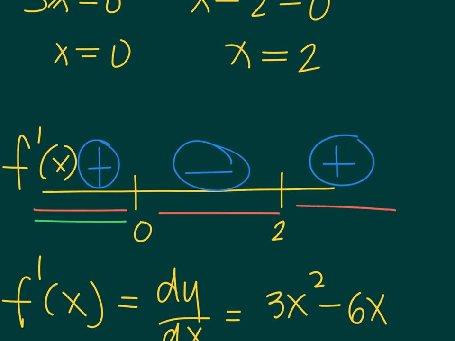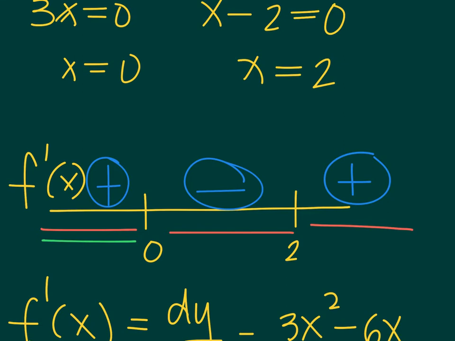Okay, so how do we interpret this information? A positive derivative means increasing. A negative derivative means decreasing. A positive derivative again is increasing. What is increasing and decreasing?